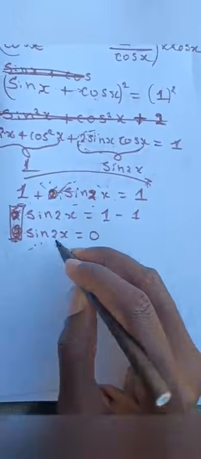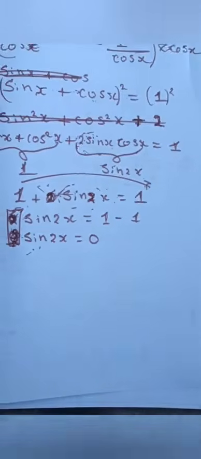Now let's find the value of x. You need to ask yourself, when does sine become 0? Sine becomes 0 when the angle is 0. So the first value is 0, because there's no need to do anything.